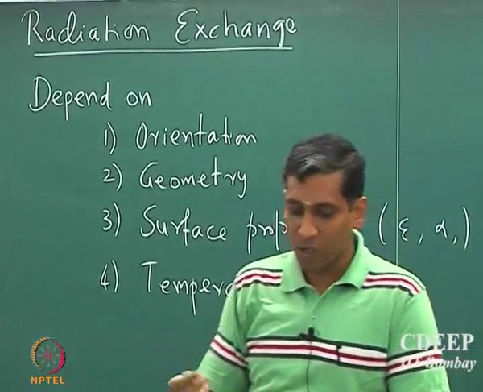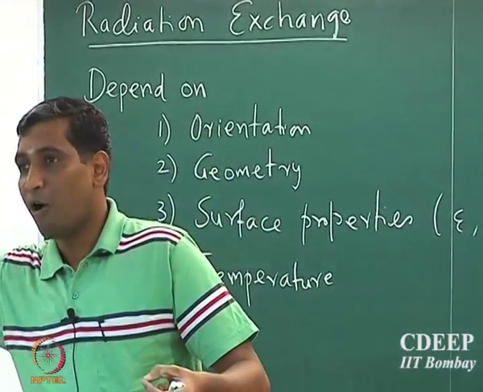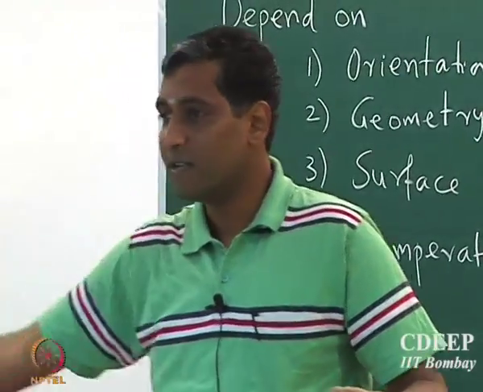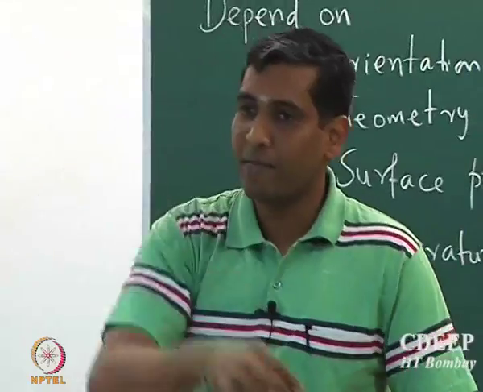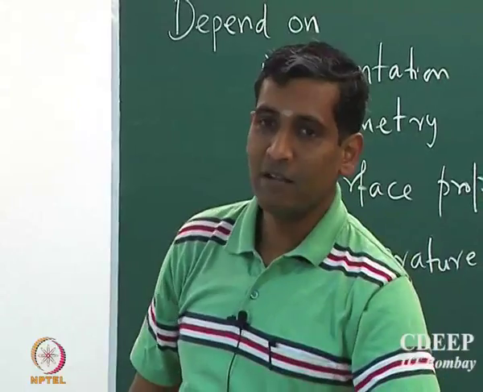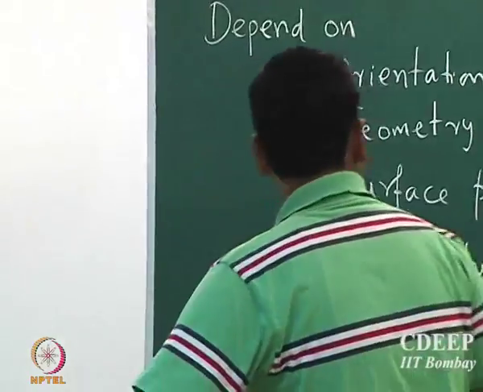One object emits radiation, it is absorbed, reflected, or transmitted if it is not opaque, by the other object, and the other object is going to emit, and the reflected radiation is also going to be received by the source object. So there is a constant exchange of radiation between them.